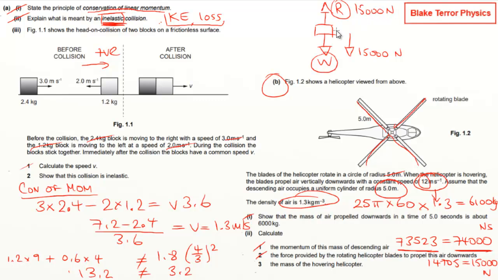So the weight must be 15,000 newtons if the helicopter isn't moving. So our mass is going to be that divided by g, so going back to the 14,705 divided by 9.81, we get 1499. So 1,500 kilograms. A nice chain of calculations there, connecting all of these things together.